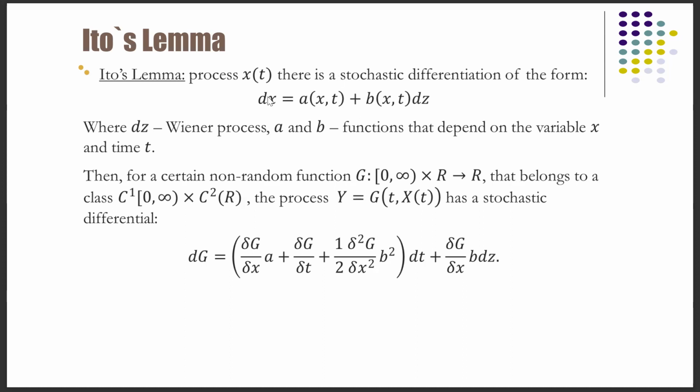Ito's lemma states that if the process is given by a stochastic differential in this form, and we have some function g which depends on time and the process Xt, then the differential of g we can find as a process in this form.